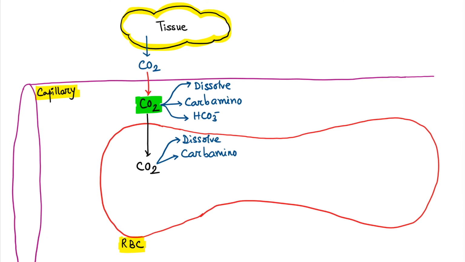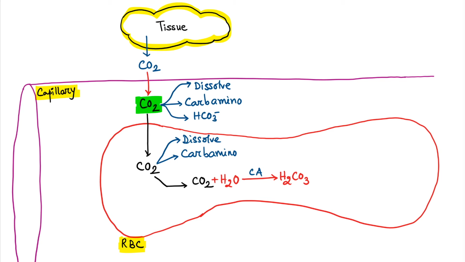But the main carbon dioxide that will be transported inside the RBC is in bicarbonate form. How will it occur? The carbon dioxide will react with water. As a result of this, carbonic acid will form, and this is catalyzed by the enzyme carbonic anhydrase.